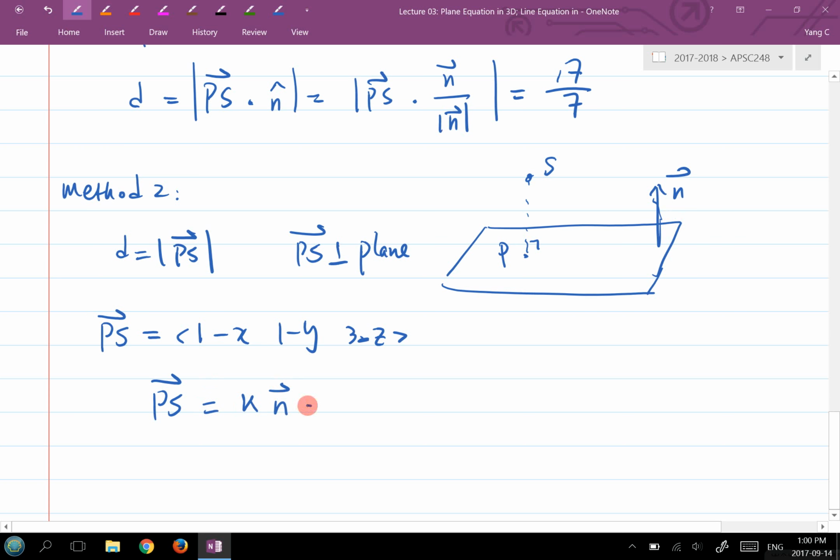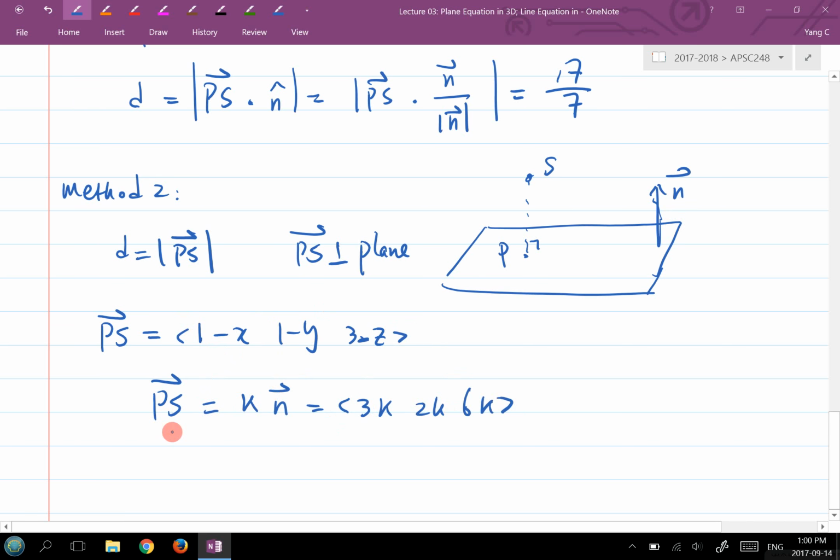So I have this normal vector N, so substitute the normal vector N here, which is 3K, 2K, and 6K. And PS is this one here. Substitute this into PS. You have one side as a vector, the other side is also a vector. That makes sense, right?